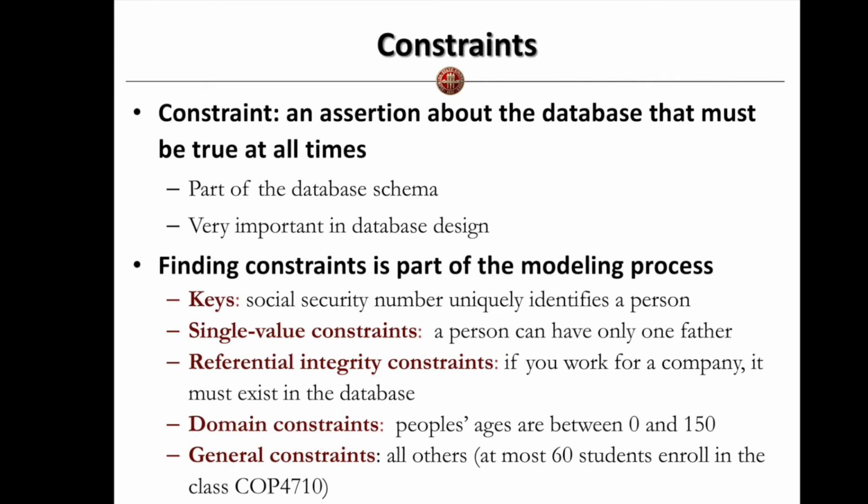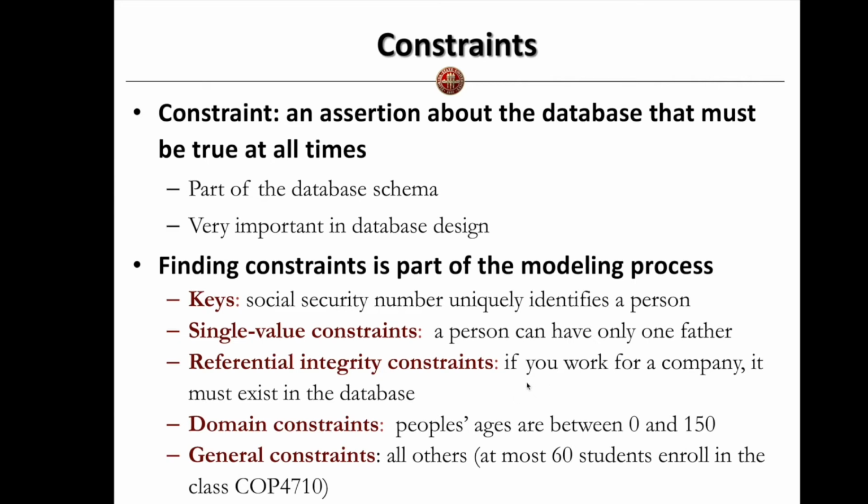Besides keys, we also have other constraints, like the single-value constraint. For example, in the real world, a person can have only one father. We should avoid inserting multiple fathers for a person, right? Another important constraint we introduce here is called the referential integrity constraint. It denotes that an entity should exist whenever we reference it.